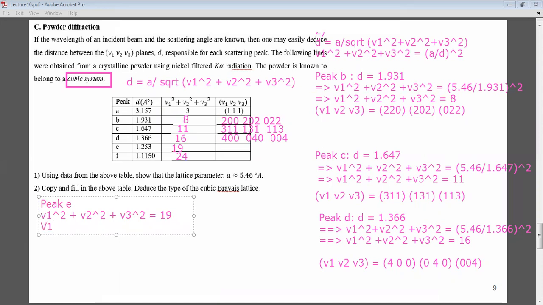So what will be V1, V2, V3? For 19, you can think of 9 plus 9, so 3, 3, 1, for example, because this will give me 9 plus 9 plus 1. So 3, 3, 1, and 3, 1, 3, and 1, 3, 3. All of these will give me 19.